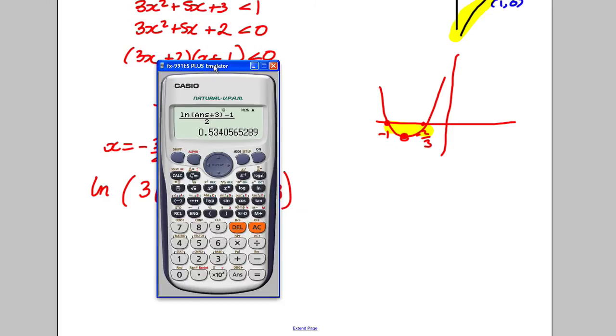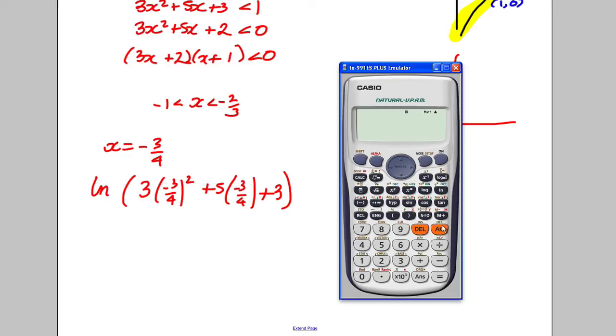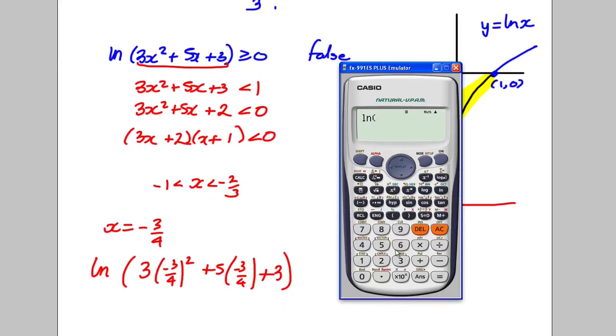So you can get your calculator and type in the natural logarithm, ln of 3x squared add 5x add 3, and I'd evaluate that at -3/4, so -0.75, and I get myself -0.06.